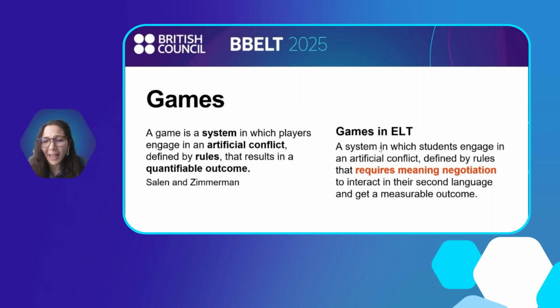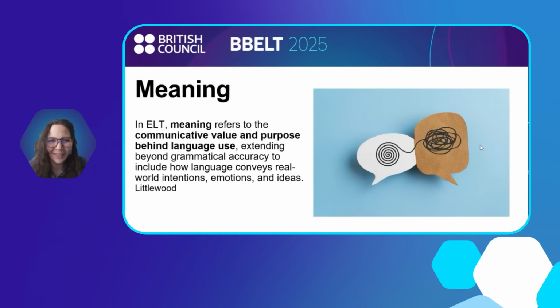A game is a system in which students engage in an artificial conflict defined by rules that require meaning negotiation to interact in their second language and get a measurable outcome. As you can see here, meaning negotiation is our main point of focus, and we will see how we are going to unlock the meaning in learning games with it.